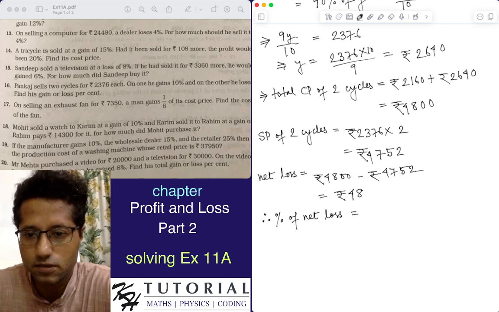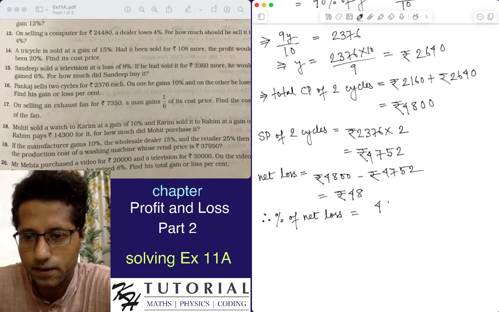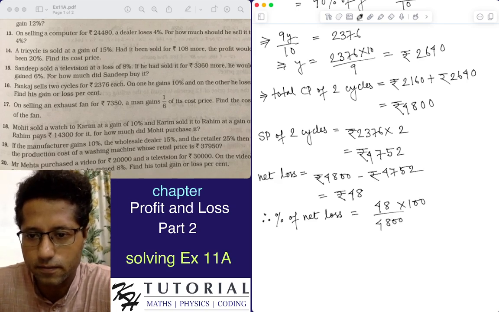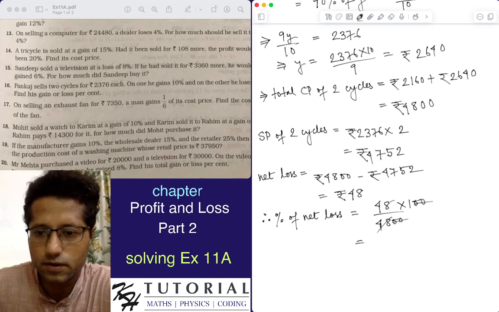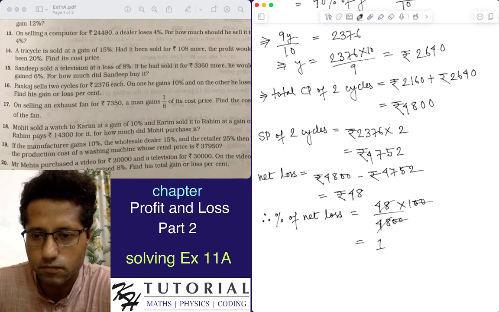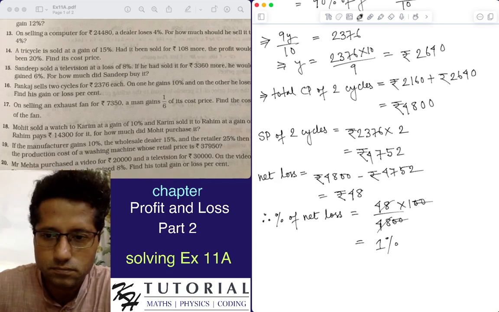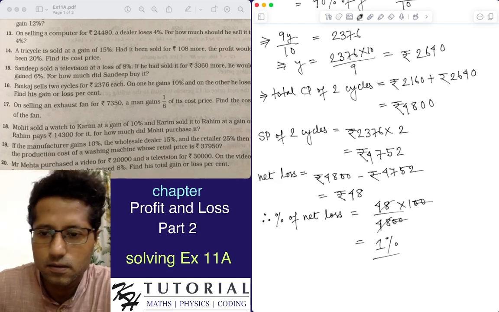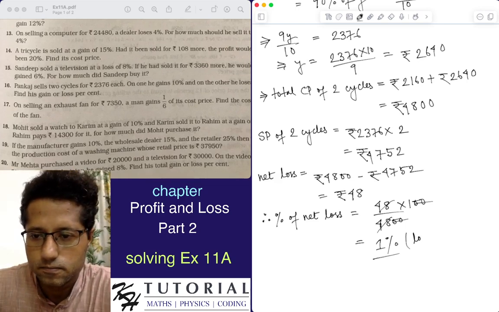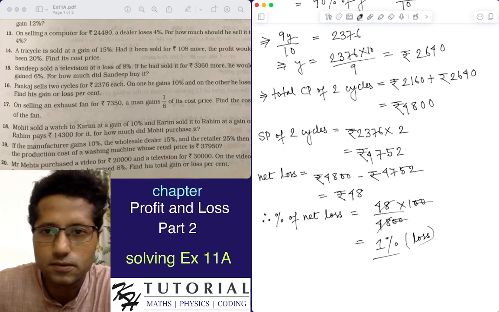So percentage of net loss will be 48 divided by 4800 multiplied by 100. This is 0 cancels, 48 1. So this is 1%. So there was a net loss of 1%. Okay.